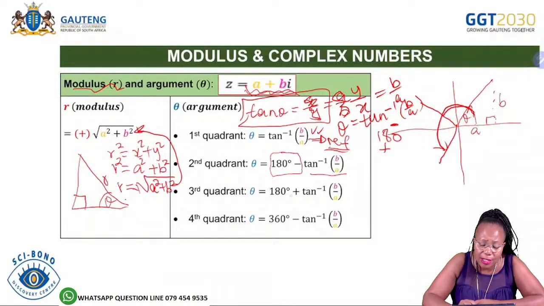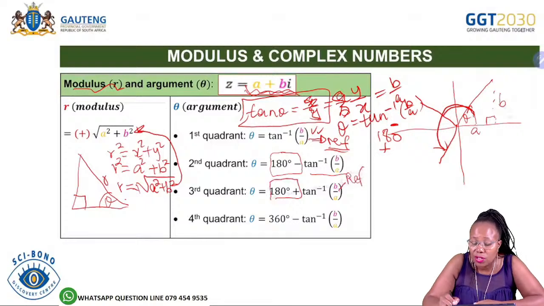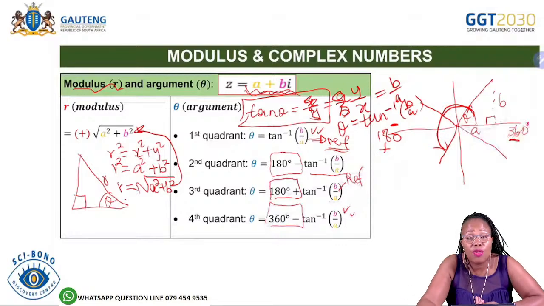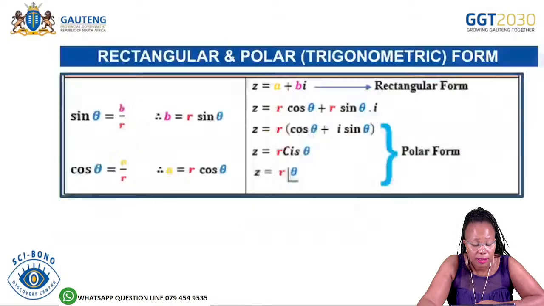And in quadrant 4, it will be 360 minus your reference angle. That is our reduction in trigonometry. We are still applying that in order to calculate the correct argument in complex numbers.